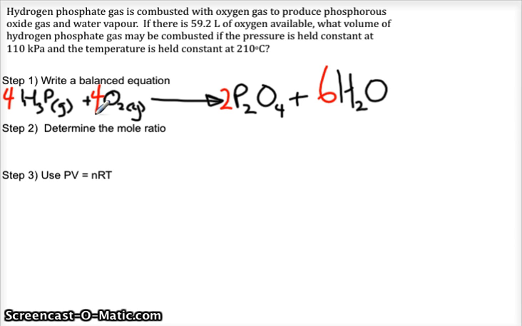Alright, so now we have a balanced chemical equation, and our next step is to find the mole ratio of what we want. So we look back on the question and we see that we're starting with oxygen, but it's asking us for hydrogen phosphate.